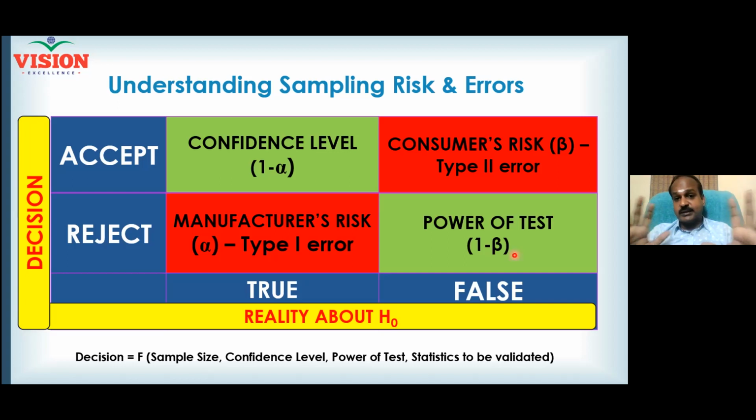You should be able to play with all these things properly, depending on the situation, depending on the requirement, and that is called decision making. So decision making involves sample size, confidence level, power of test, and the statistics to be validated. Are you working with average? Proportion? Standard deviation? Variance? The range?